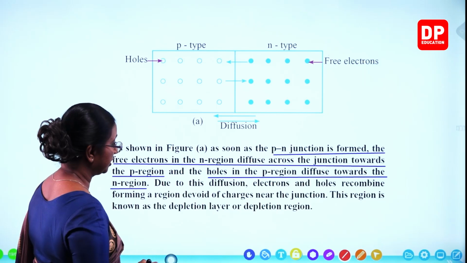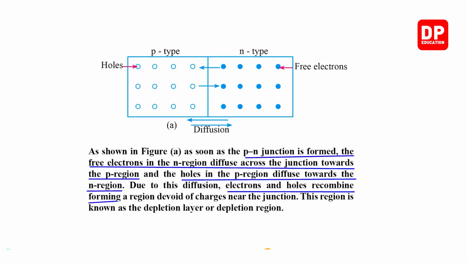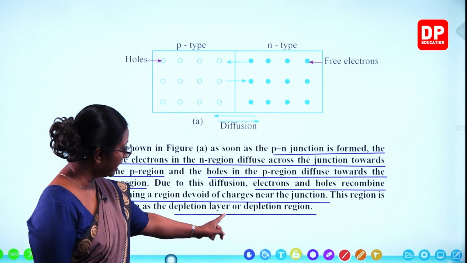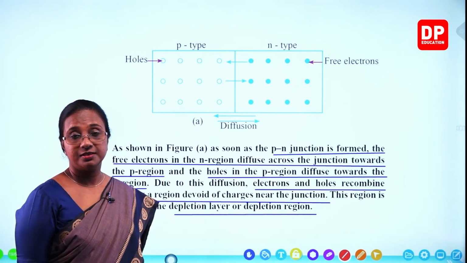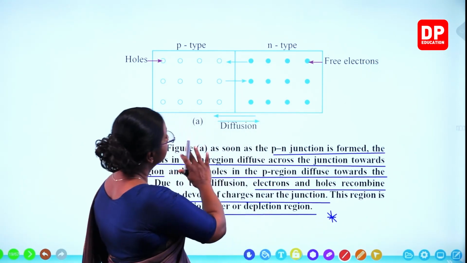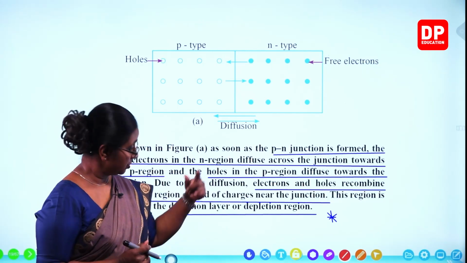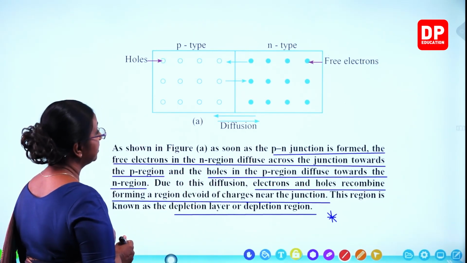Due to this diffusion, electrons and holes recombine, forming a region devoid of charges near the junction. So that is what I showed you all. This region is known as the depletion region or depletion layer. So that is something you all have to remember, students. So this is what happens as soon as the PN junction is formed. So in the next slide, we will continue the discussion.